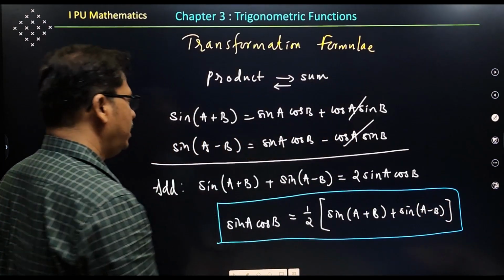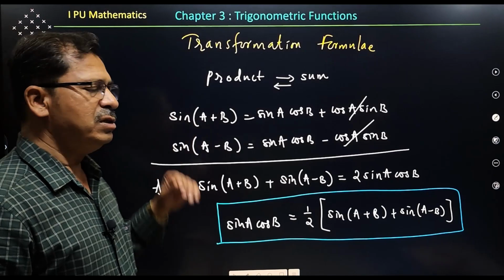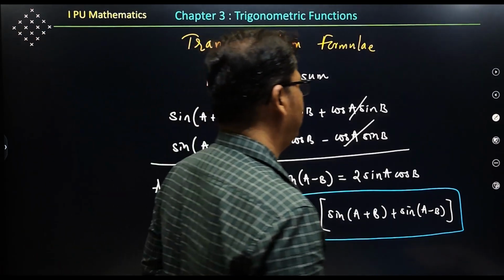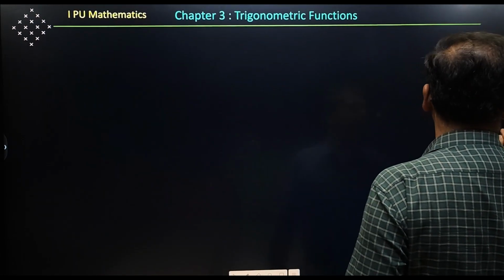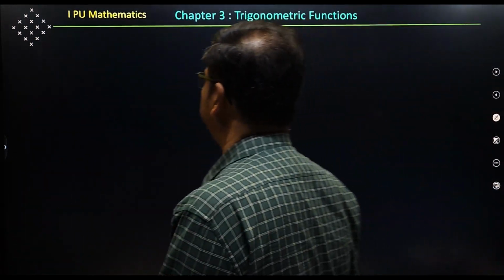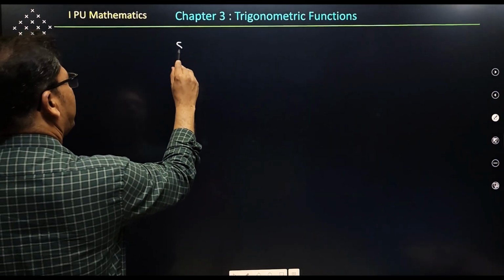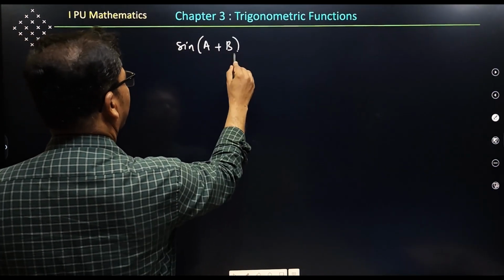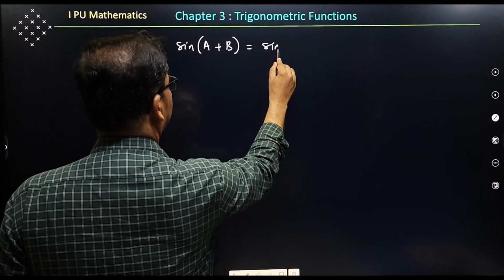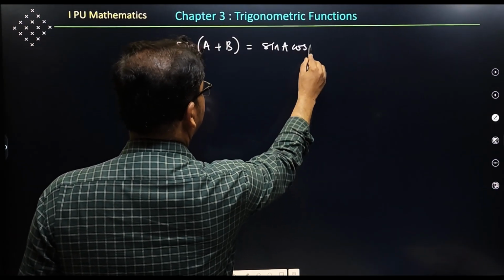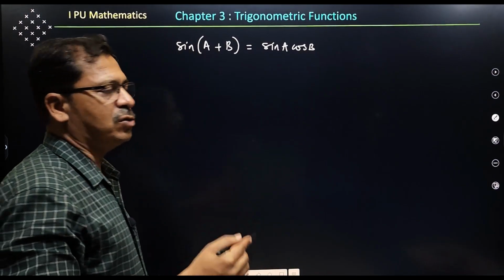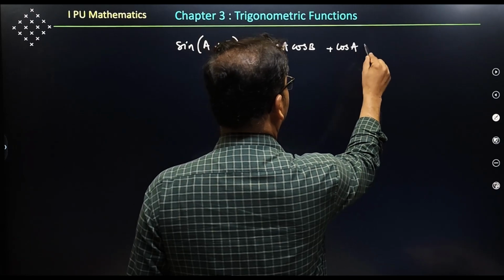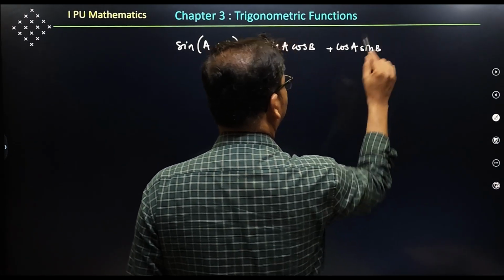Next, the same results I would like to use, and instead of adding, I would like to subtract. Another result we will get here. Let me write this. Sin of a plus b is equal to sin a cos b plus cos a into sin b.